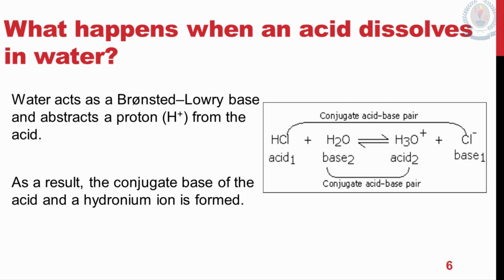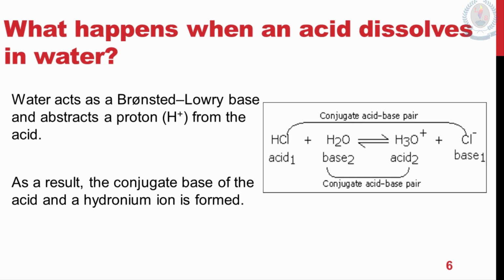In the forward reaction, HCl is acting as an acid because it is donating a proton to H2O, and H2O is behaving as a base as it is accepting a proton from HCl. In the reverse reaction, the opposite happens. That is what happens when an acid is dissolved in water.